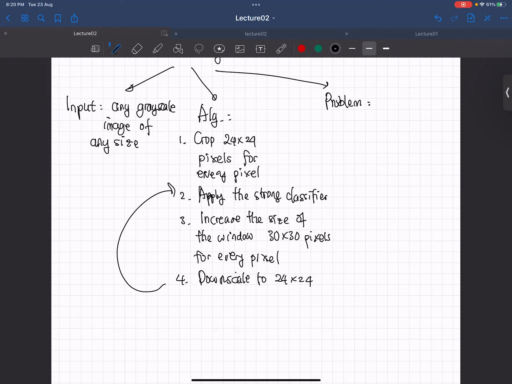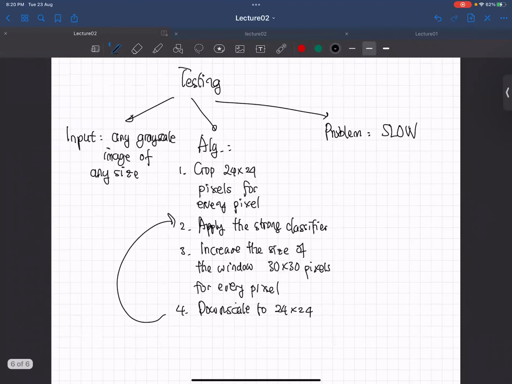If you have this algorithm on your mobile phone, it will take forever to get the bounding box on the face. So it's not applicable in any application, and this is a real problem. If you want to make it applicable to a real application, we have to solve this, because this is the testing stage. It's not training. In training, you can take your time, but in testing, you have to be real time. So this is actually a naive algorithm.